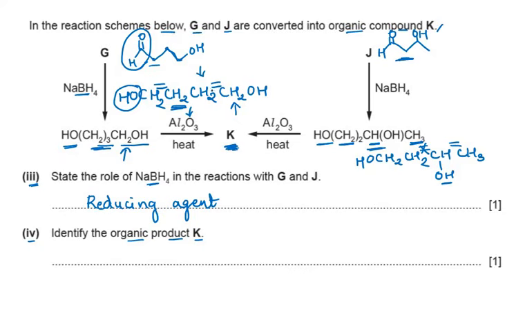So K is what? Add a double bond on the first two carbons, and the double bond between the third and fourth carbon. So let's draw a simplified structure for K down here. Here it says identify the organic compound K, so let me draw a simplified structure with the first four carbon atoms.